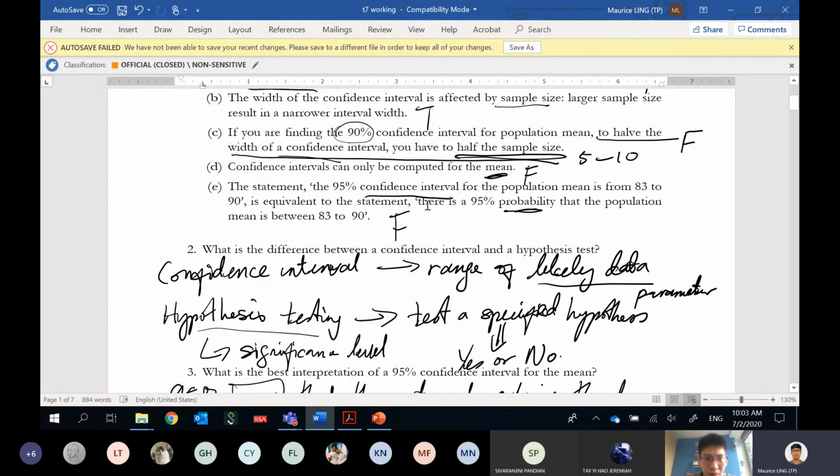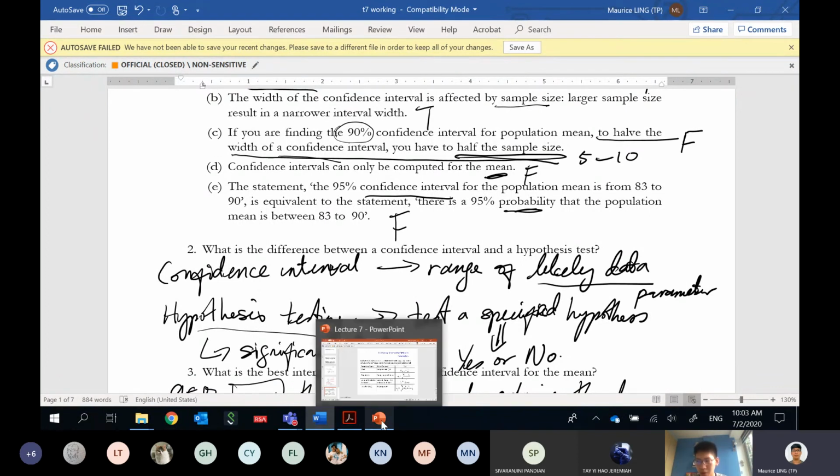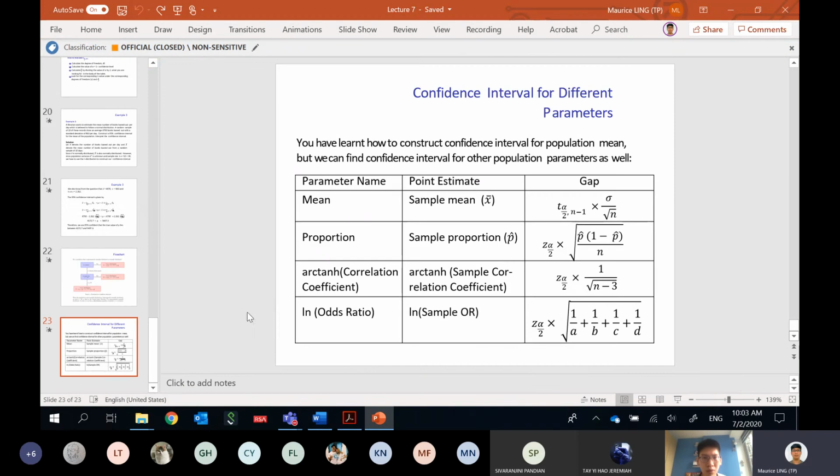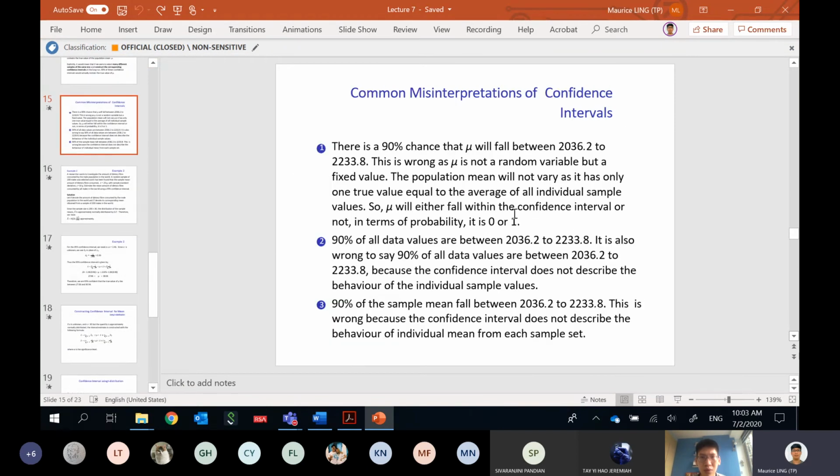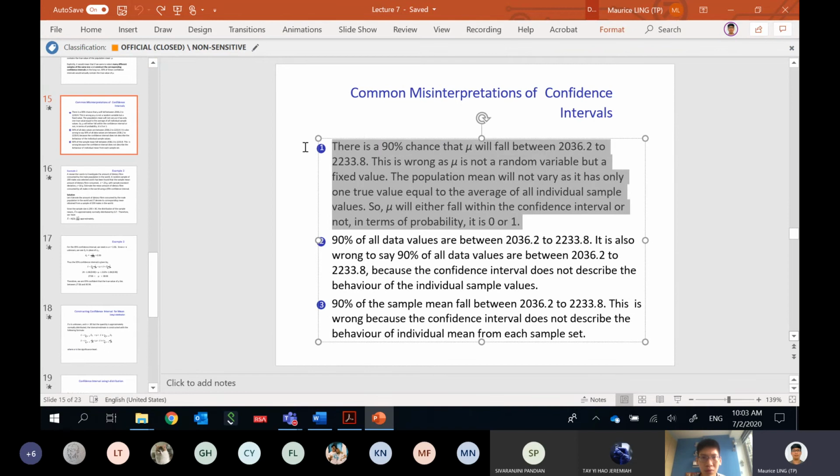So this is a subtle language issue, where you would have to spend a lot of time trying to figure out this misinterpretation, especially the first one. So be very careful with how you write your statements.